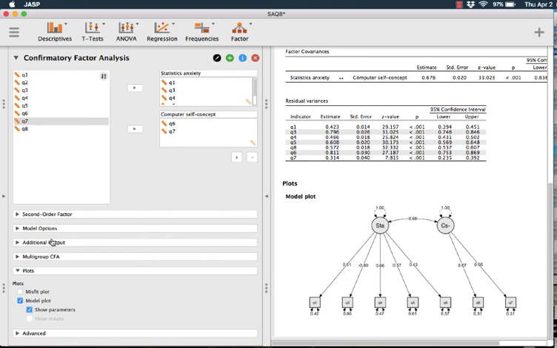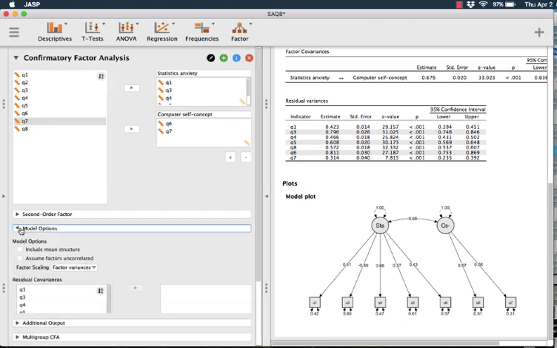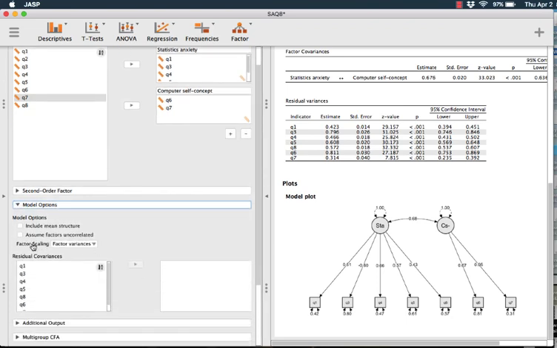How do you do that in JASP? Well, what you can do is go to Model Options, and here where it says Factor Scaling, instead of choosing factor variances, you can choose Marker Variable. And you'll notice what that does to the picture is it sets the first loading equal to 1, but then what happens after that is you get estimates for the factor variances now, instead of just setting those equal to 1.